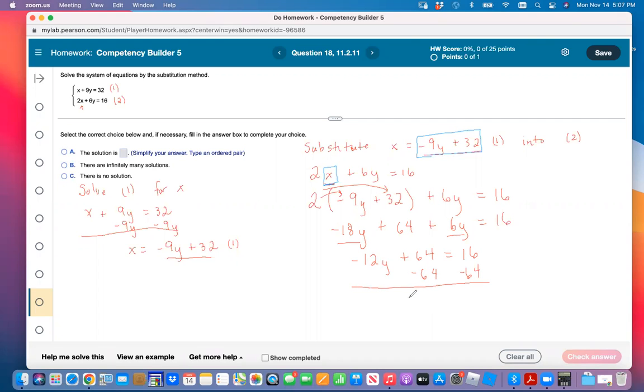Bring down my negative 12y here, and 16 minus 64, or negative 64 plus 16, is a negative 48. And I can divide both sides by a negative 12.